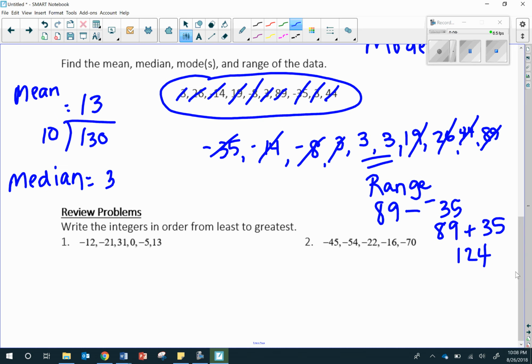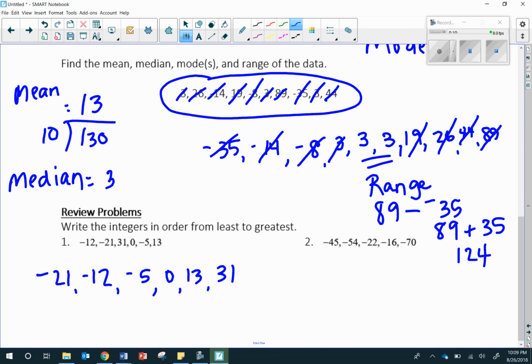Alrighty, to round out this section, we are going to do a couple review problems. Just like we did to find the median, we're going to write these numbers or integers in order from least to greatest. So for number 1, we should have negative 21, negative 12, negative 5, 0, 13, and 31.